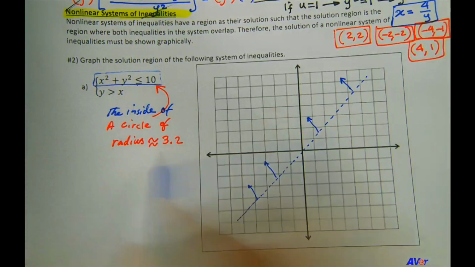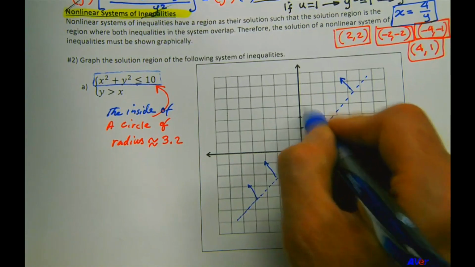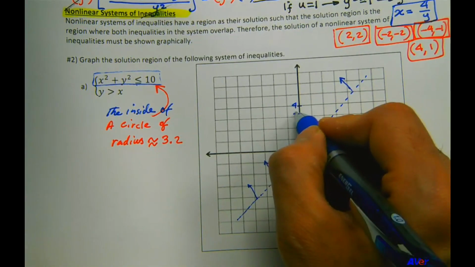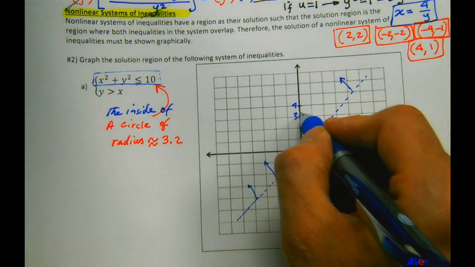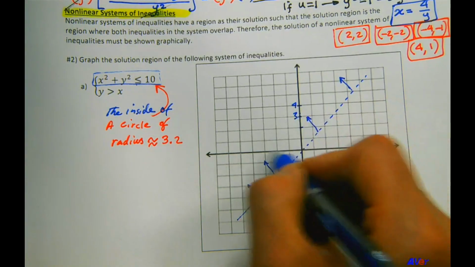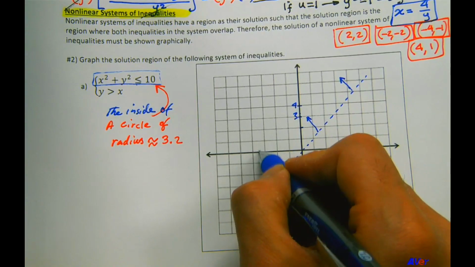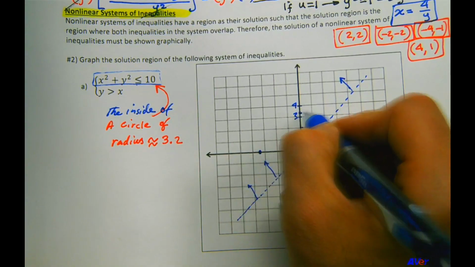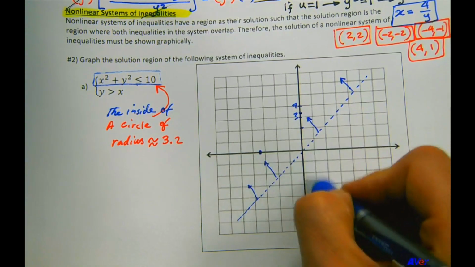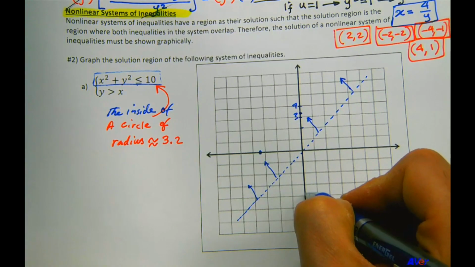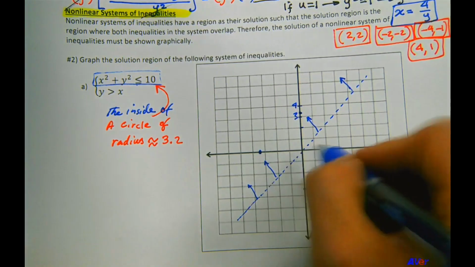of radius 3.2, let's say 1, 2, 3, this is 4, this is 3, so 3.2 is somewhere there. And of course the center of this circle is at the origin.